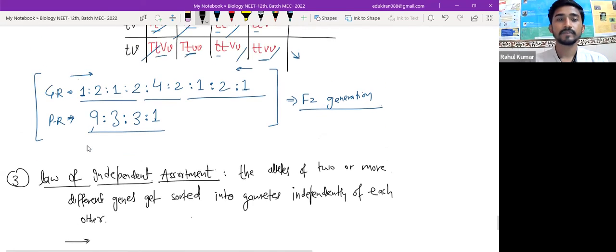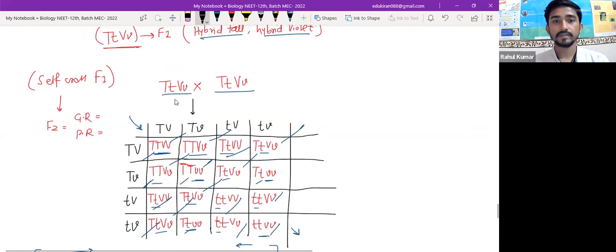Is it clear? And this is visible here. See, this gene for height had two alleles, right? One was capital T and the other is small t.